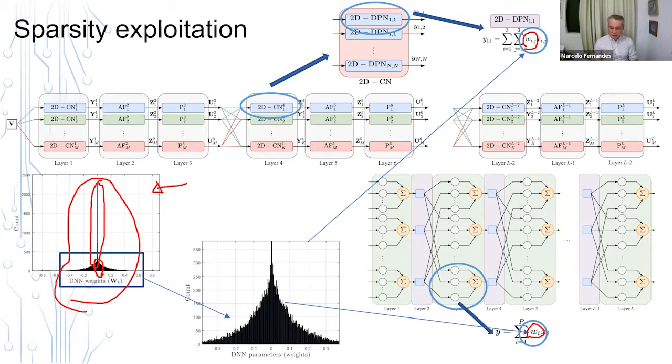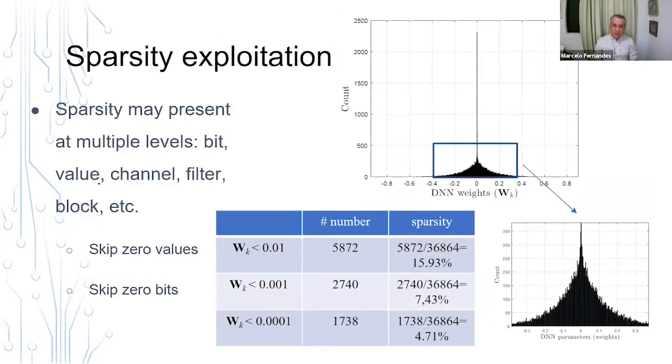You can see the sparsity at the bit level, in the value, in the channel, in the filter. When I say filter here, it's a kernel in the block. You can divide your CNN into several kinds of sparsity.